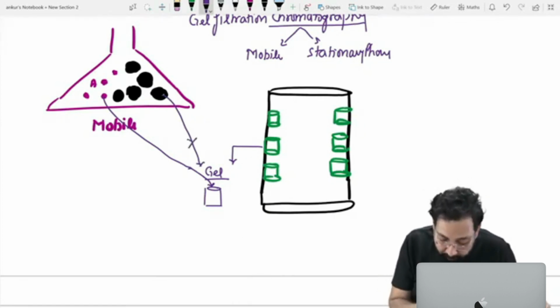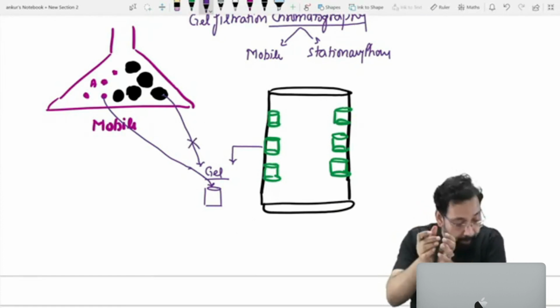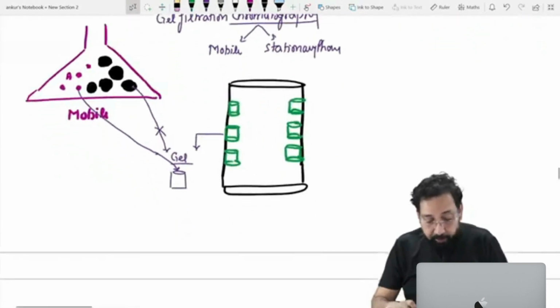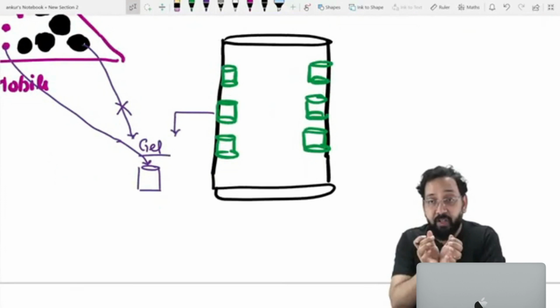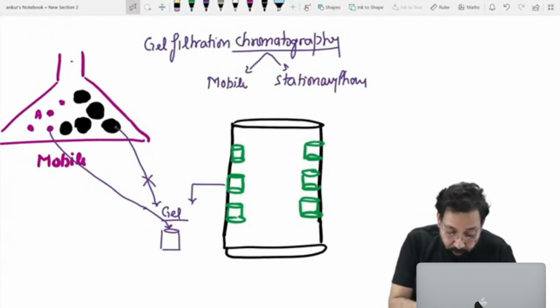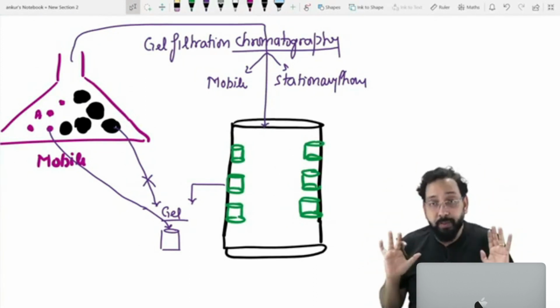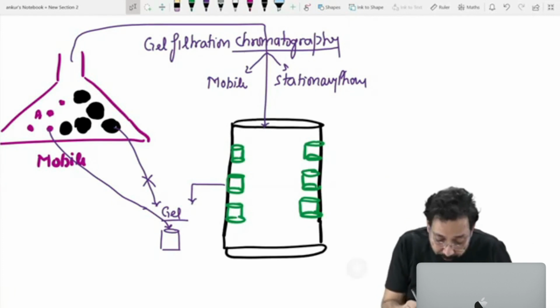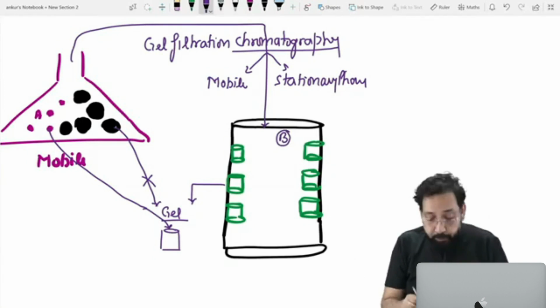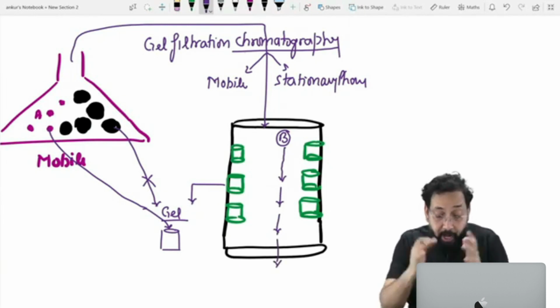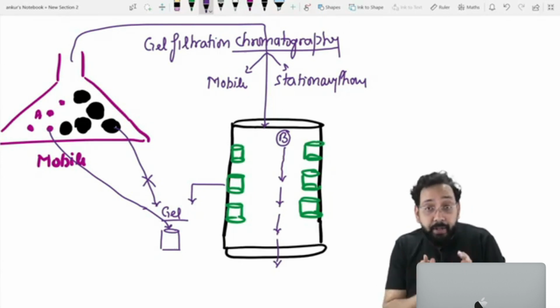Means gel molecules have pores inside them, and we pass the solution through this. When we pass the solution, large protein B has only one option, to go straight, because it is large enough that it can't enter the gel.